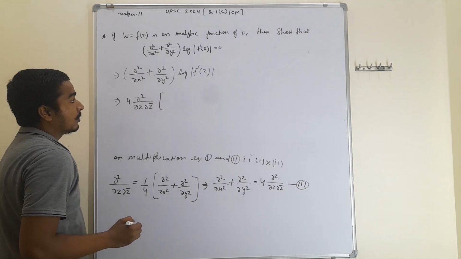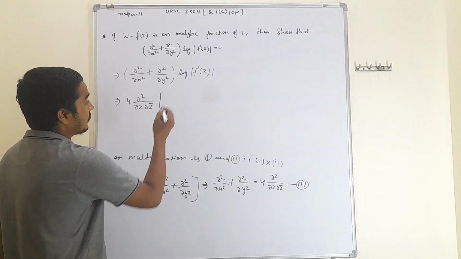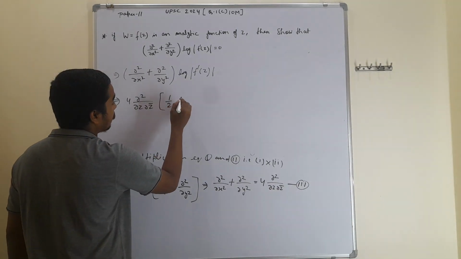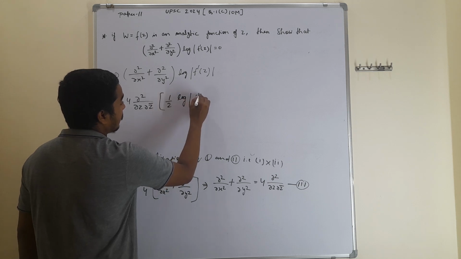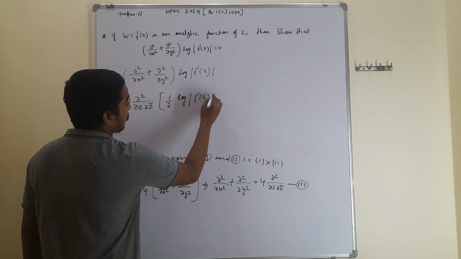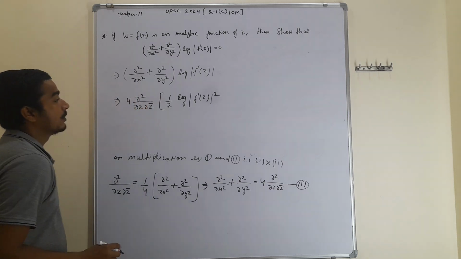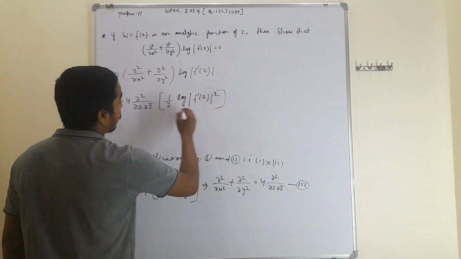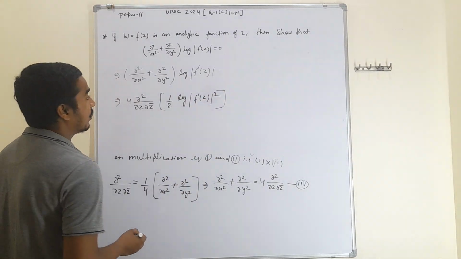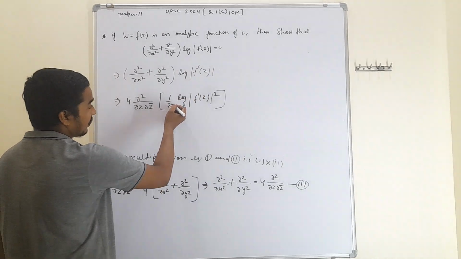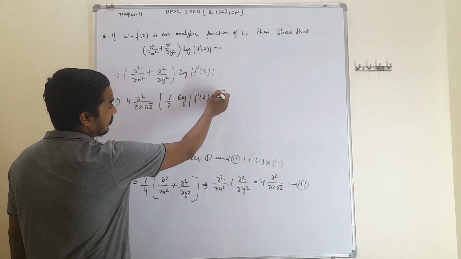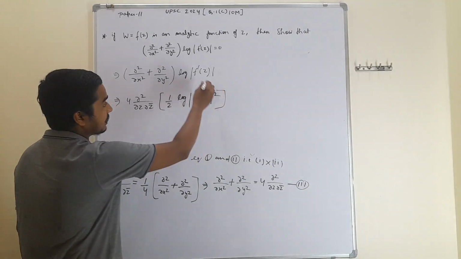And log|f'(z)| is written as 1/2 log|f'(z)|². On solving with the property of log, 1/2 is coming here, and 1/2 and 2 cancel out.